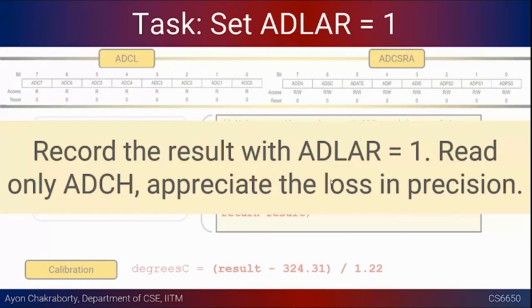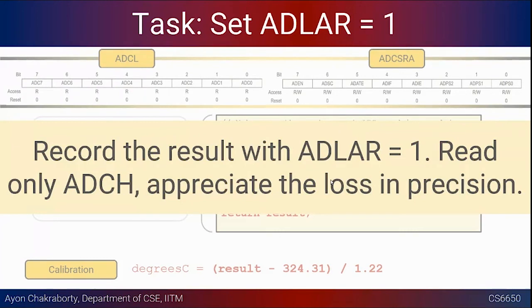I would also suggest you set ADLAR equal to 1. This is for your own understanding of register reads, how you should read the register. If you put this left adjust result equal to 1, the other thing you can do is read ADCH, just to get hold of the most significant 8 bits.